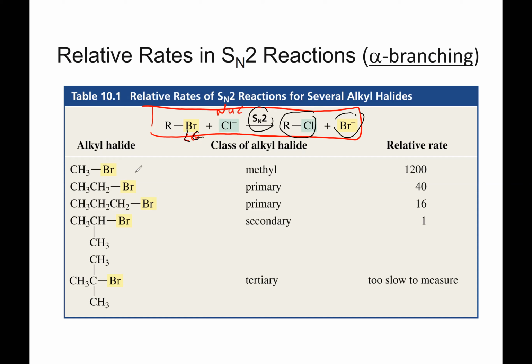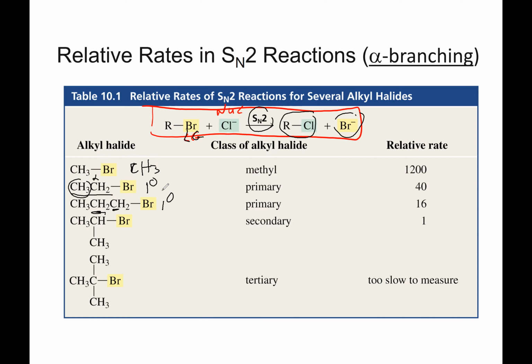And so they studied these different alkyl halides. This is a methyl halide, the bromine is attached to a methyl. This is primary, right? Why? Because the alpha carbon only has one carbon attached. This is also primary. The alpha carbon, the one with the bromine, only has one carbon attached.